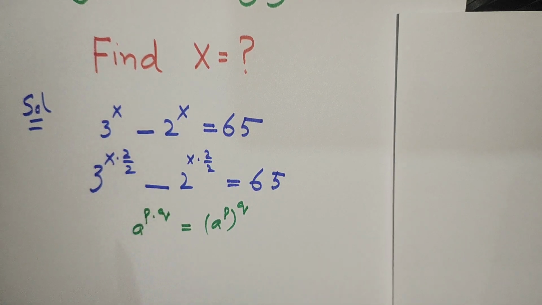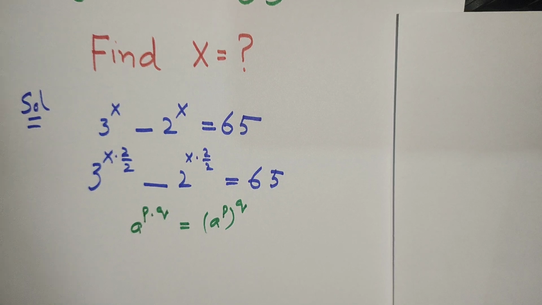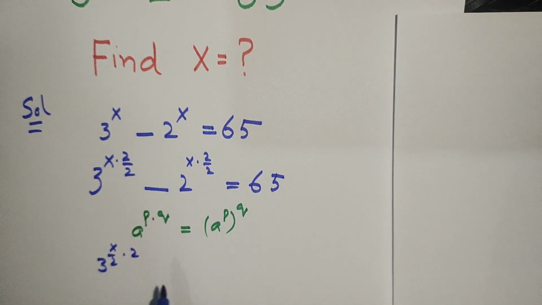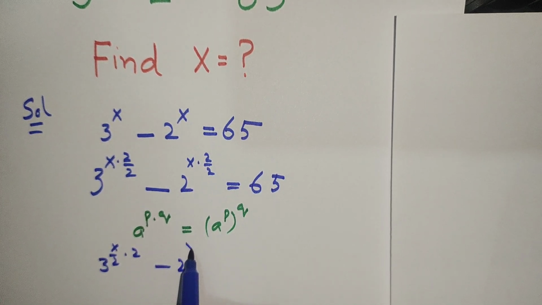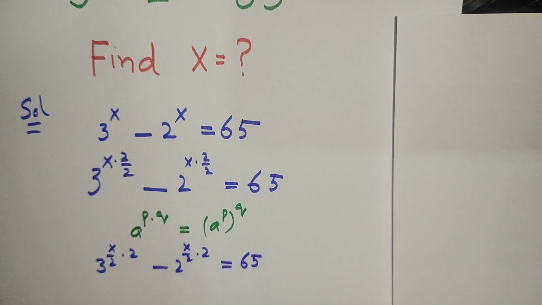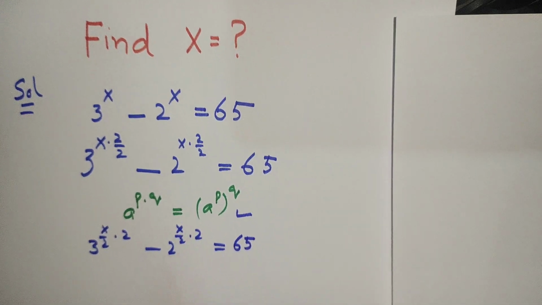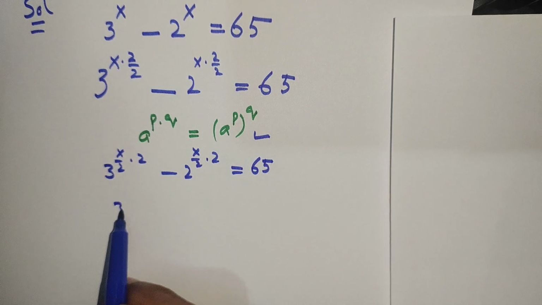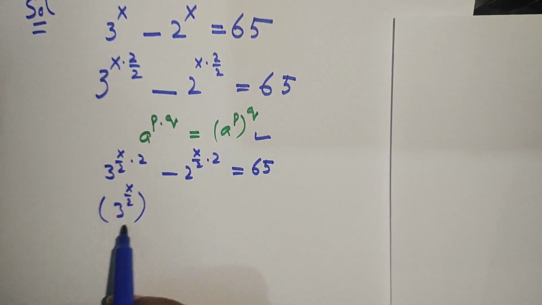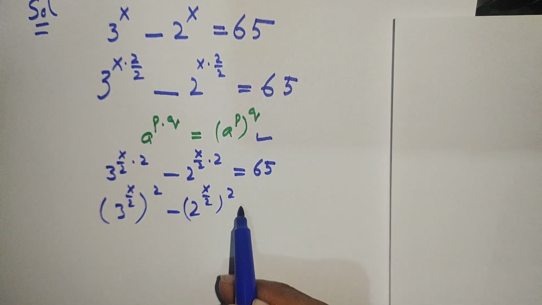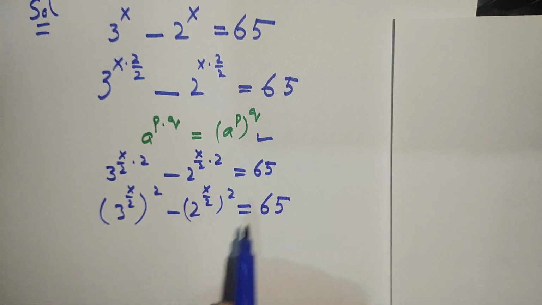By using this technique, we simply rewrite it as 3 raised to power x over 2 into 2 minus 2 raised to power x over 2 into 2 is equal to 65. Now using this formula, we can write it as 3 raised to power x over 2 whole square minus 2 raised to power x over 2 whole square is equal to 65.